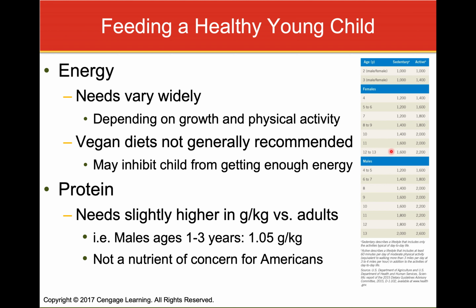You can look at a 12 to 13-year-old sedentary female, 1600, active one, 2200. So there may be a recommendation for a 12-year-old to have as many calories as a lot of you guys consume now. And the main reason for that, 12 to 13-year-olds, is going to be a period of rapid growth, puberty, the onset of puberty.